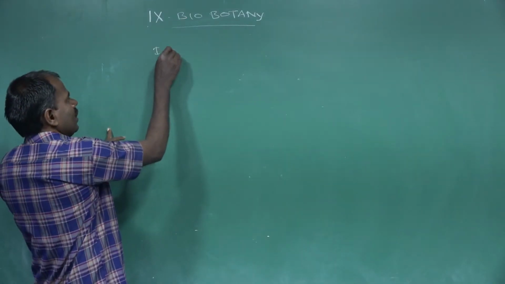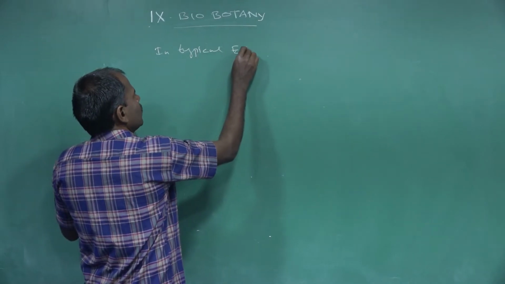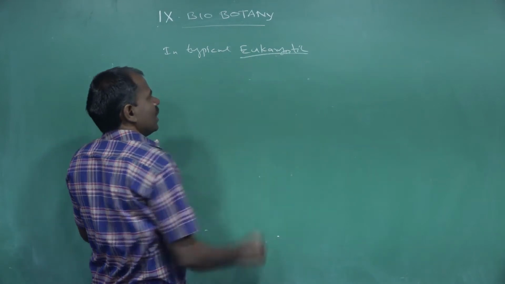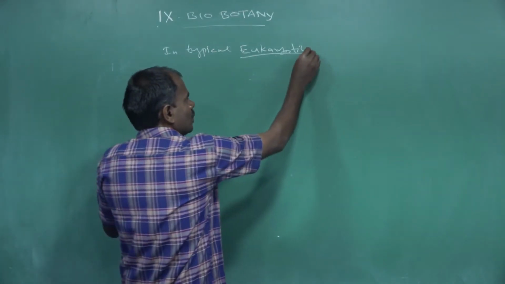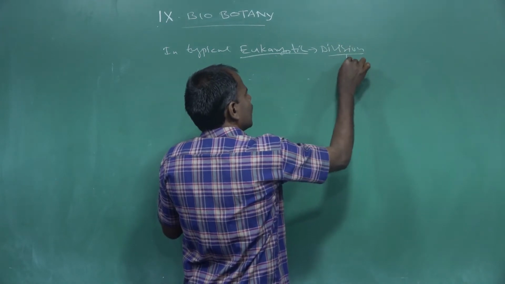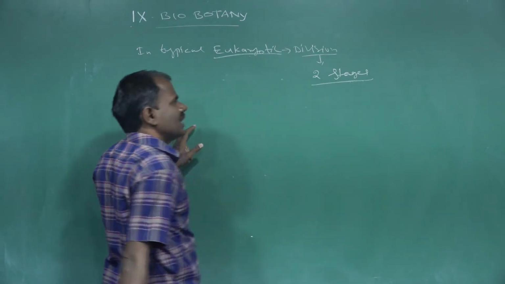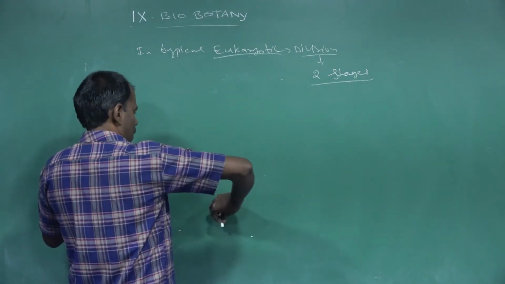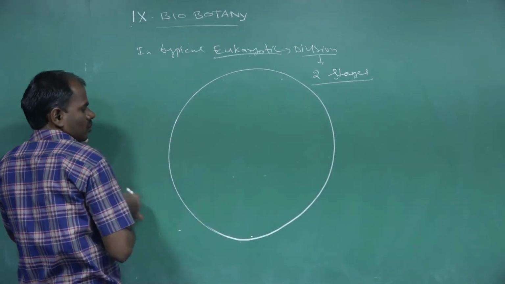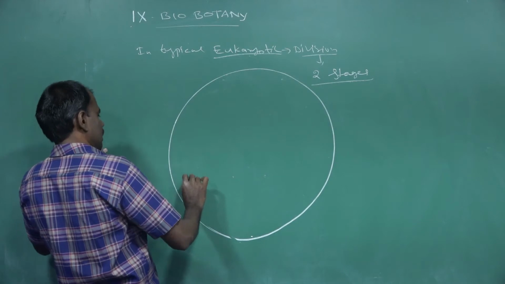In typical eukaryotic cells, division occurs in two stages. The first stage is called interphase.